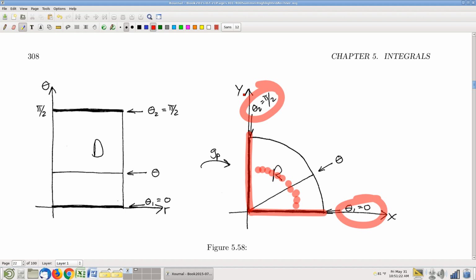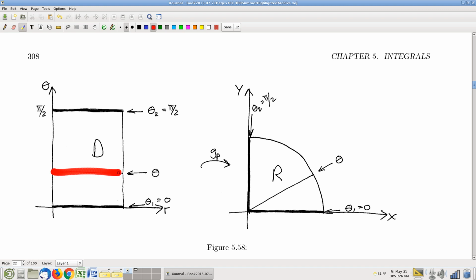Okay, then, having done that, for a given value of theta, well, here's my value of theta. There's my fixed value of theta. Let's say I'm just viewing it in the xy plane. The range of values for r. Well, r starts there where it's clearly 0.